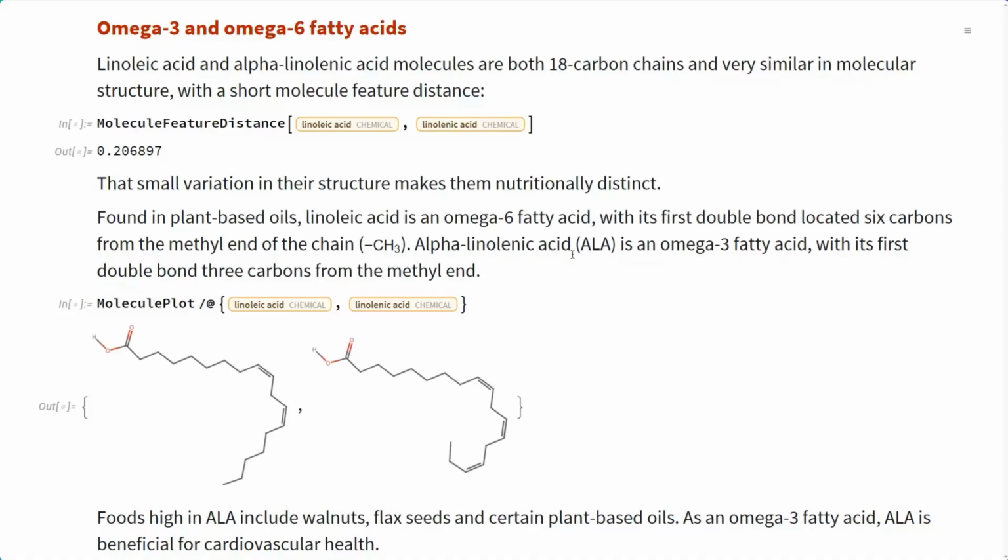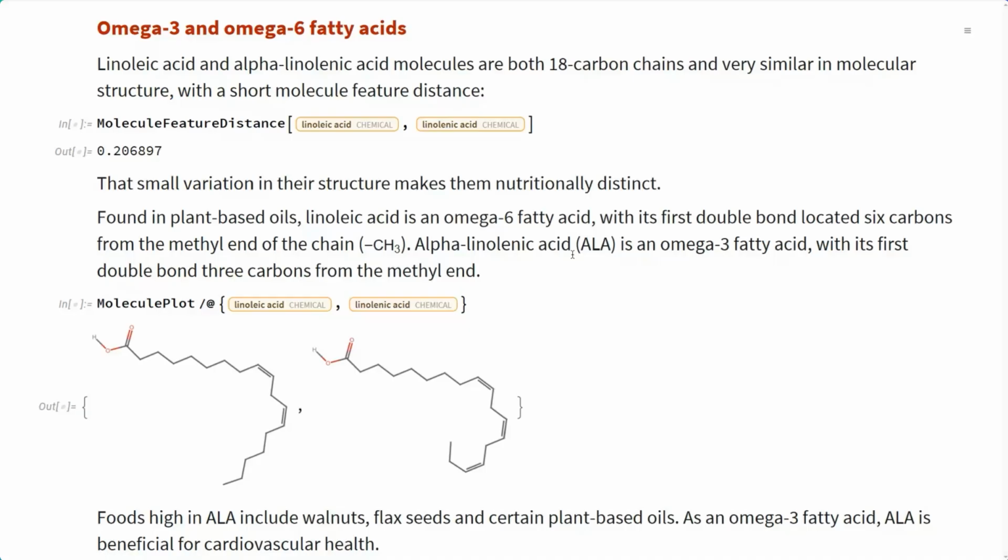So linoleic acid is an omega-6 fatty acid, and it's found in plant-based oils, and alpha-linolenic acid is an omega-3.